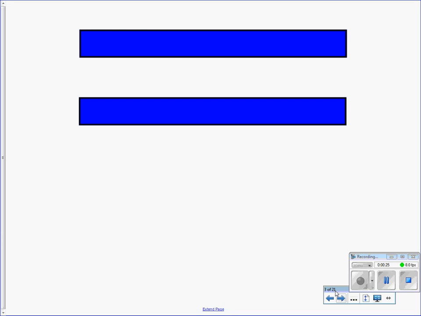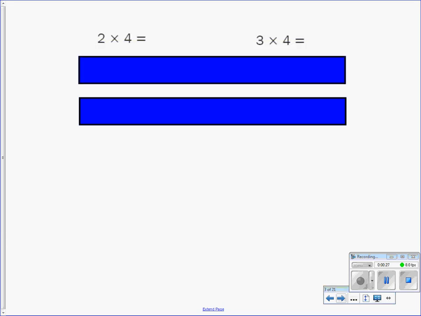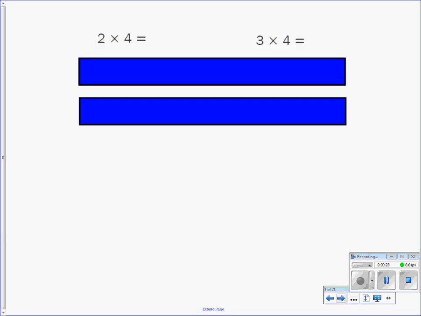All right, our first one, 2 times 4. Remember, anytime you multiply by 2, all you do is double the other factor.